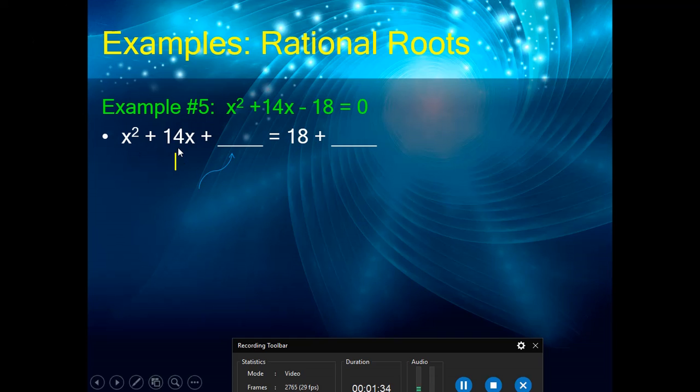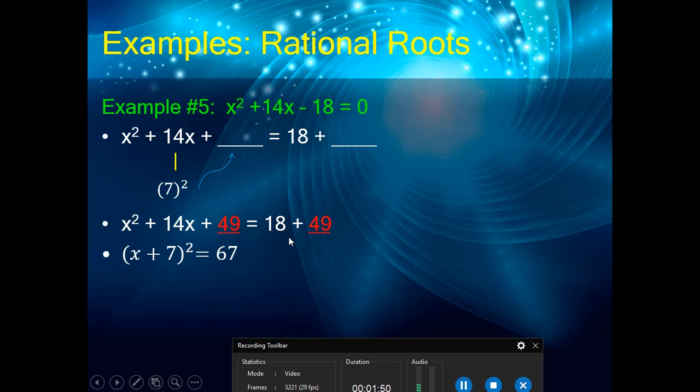We look at the term of 14. We're going to split it in half and then square it. So we're going to use 7 squared to fill in our blanks. And that's 49. On the left, we have two identical factors of x plus 7. And then on the right, we combine our constants to get 67.